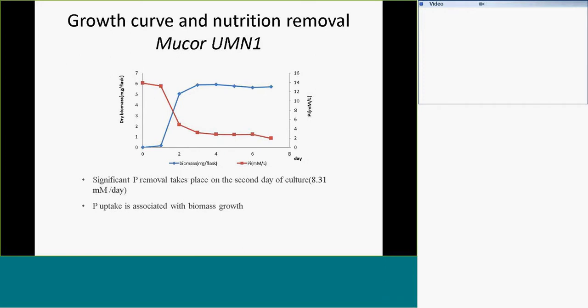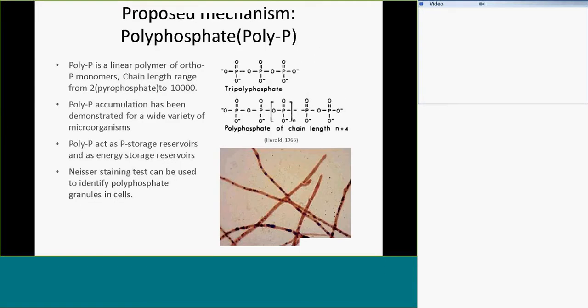As you can see, from day 2, the phosphorus concentration has been reduced to like 4 millimole per liter, and even after another 5 days, the concentration is still around 2. That means the fungi are pretty good at removing phosphorus and retaining phosphorus in their cell biomass.